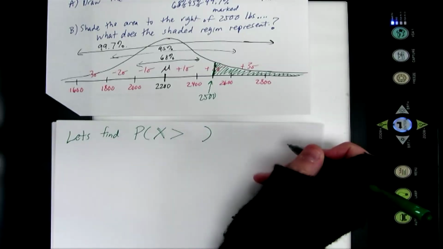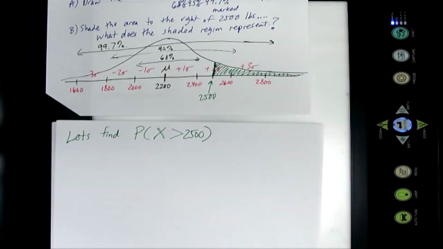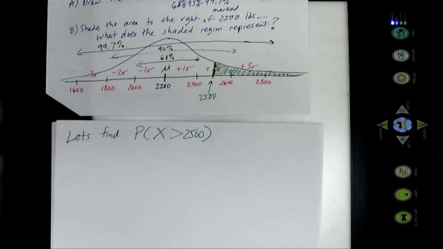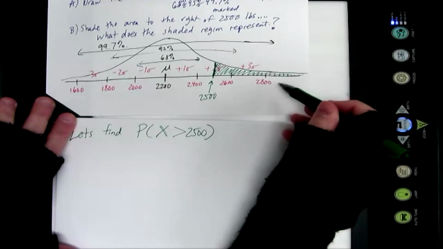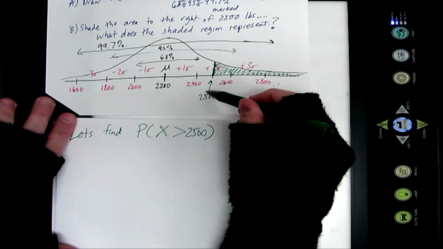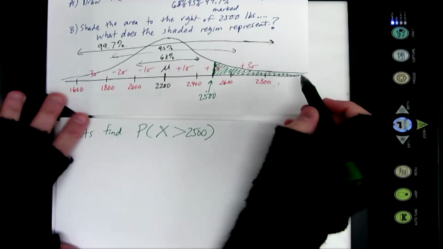And why did you say that? Because it says greater than, right? It's shading numbers to the right, and the numbers to the right are greater than 2,500. That's one way of wording it, and it's a good way of wording it.